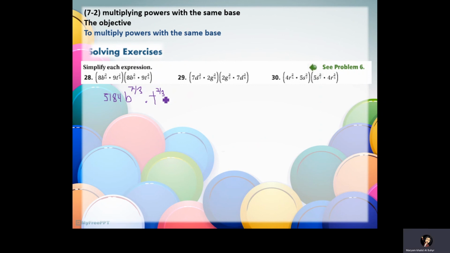For question 29, you have 196 d to the power 7/3 times d to the power 7/3.